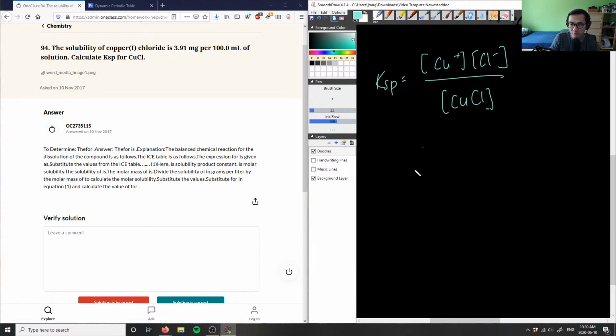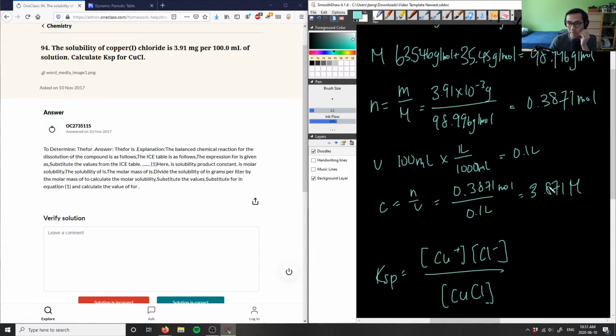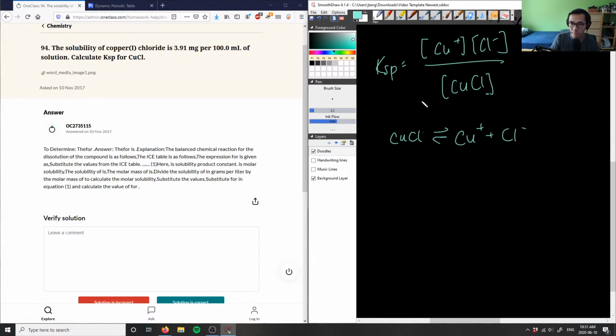So if I had CuCl, Cu plus, Cl minus, and I was given my initial concentration of 3.871 for my copper chloride, and this here would be 0 and 0, then I would have 3.871 minus x, plus x and plus x here.